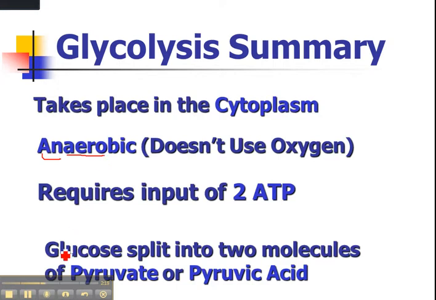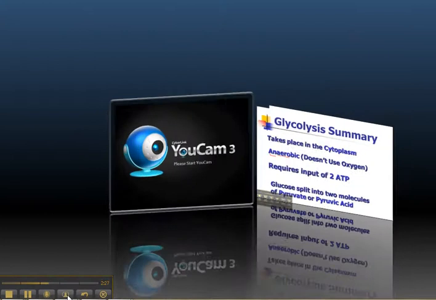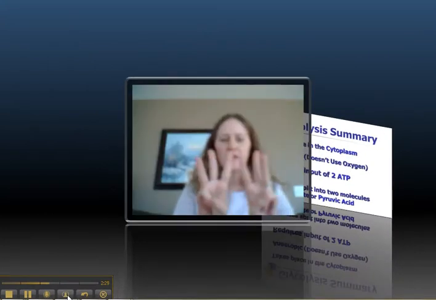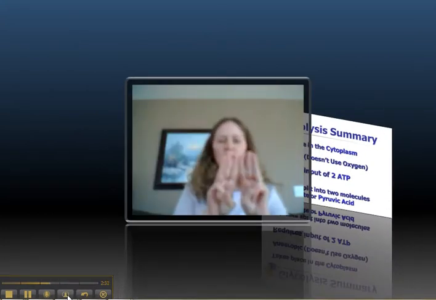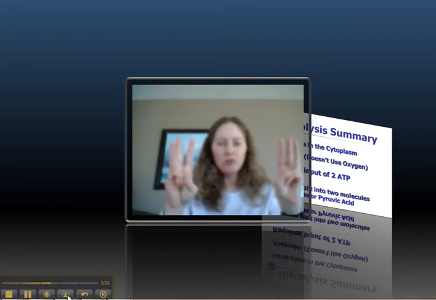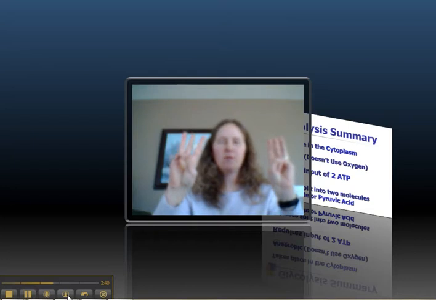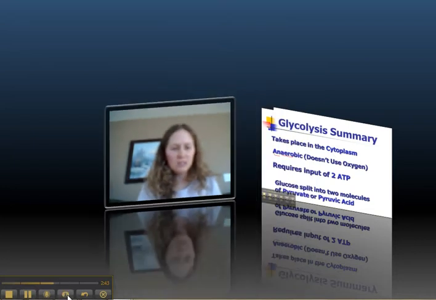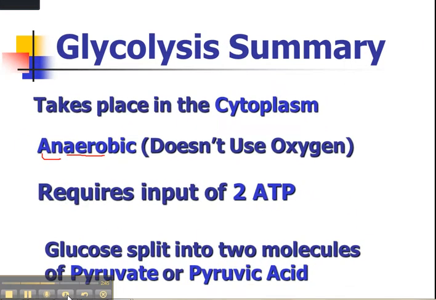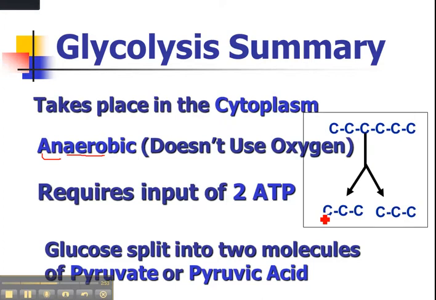So if I have 6 carbons, we're going to be splitting into 2 pyruvates with 3 carbons each, 3-carbon pyruvates, or pyruvic acids. And that's what this is showing right here, 6 carbon to 3.